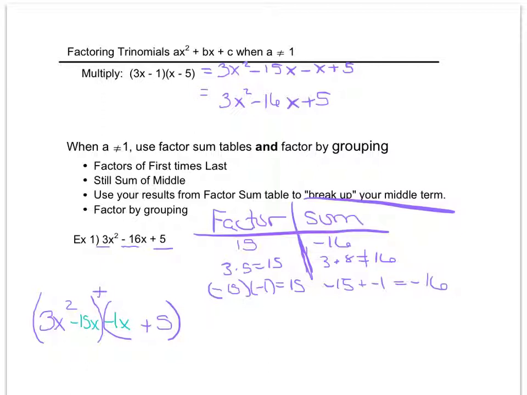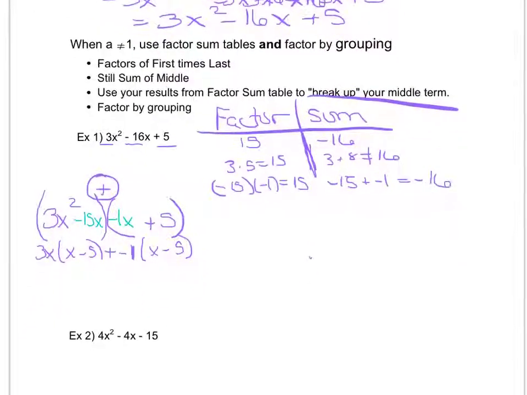I see that my first two have a GCF of 3x, so I take that 3x out, leaving me with x minus 5. My plus sign drops down. Negative 1x and plus 5, I want it to look like x subtract 5. So I'm going to take out a negative 1 and be left with x minus 5.